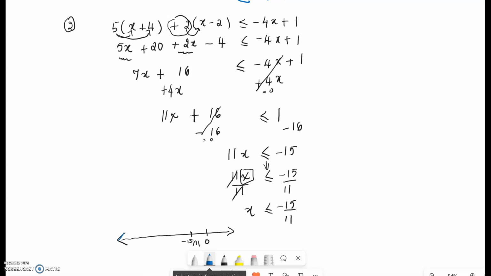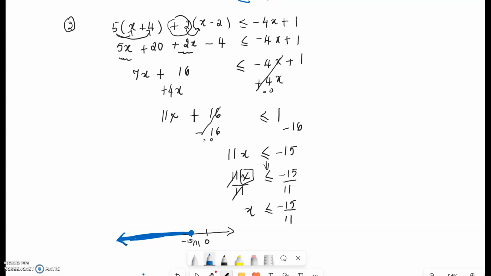So we have everything to the left, which means anything less than or equal to negative 15 over 11 is included, and negative 15 over 11 itself is included, so it's a solid dot. So this is the graph of the set of all numbers less than or equal to negative 15 over 11.